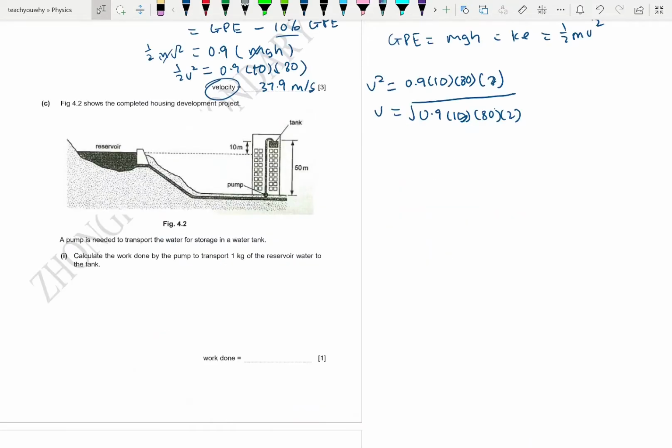Alright, so question C. Figure 4.2 shows the complete housing development project. The pump is needed to transport water for storage in the water tank. Calculate the work done by the pump to transport 1 kg of the reservoir water to the tank.